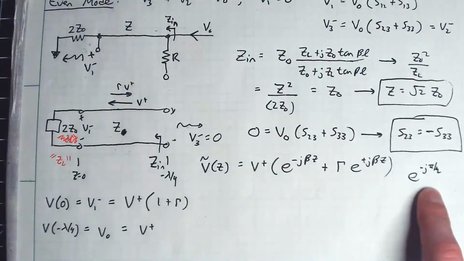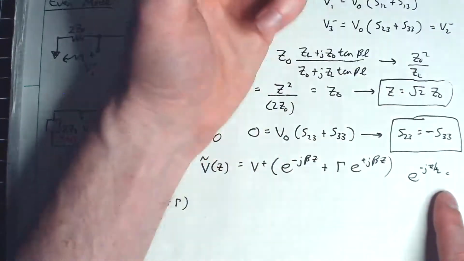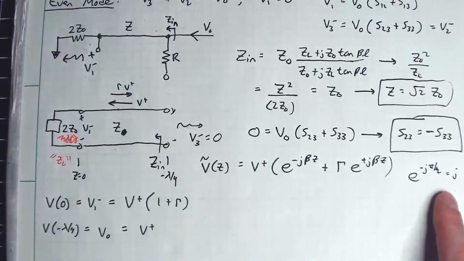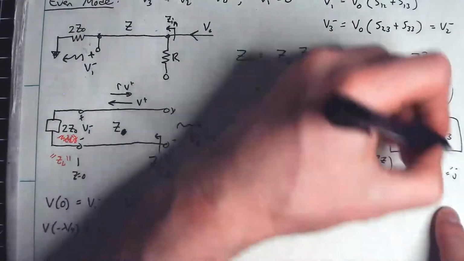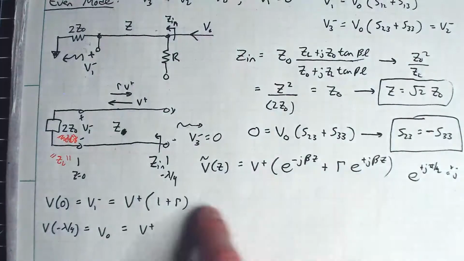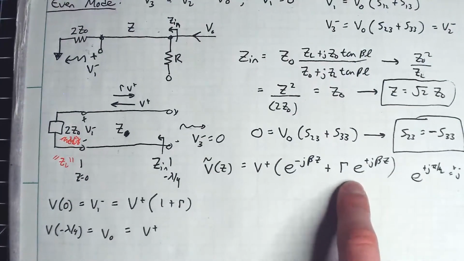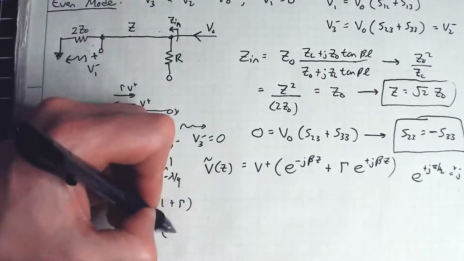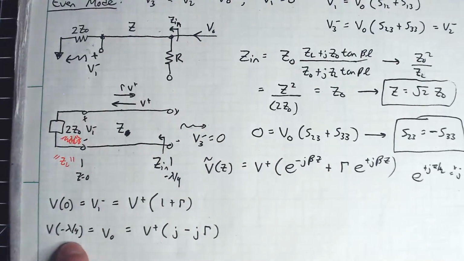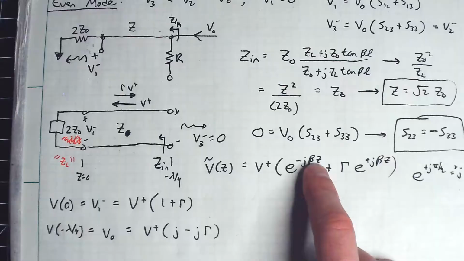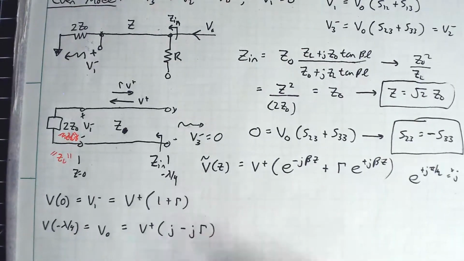Actually, it's negative j in this case, but it's negative lambda over 4, so you get a plus j there, and this term becomes a minus j times gamma. So you basically get j minus j gamma when you put in lambda over 4 here. I'm just substituting that in for this point z.